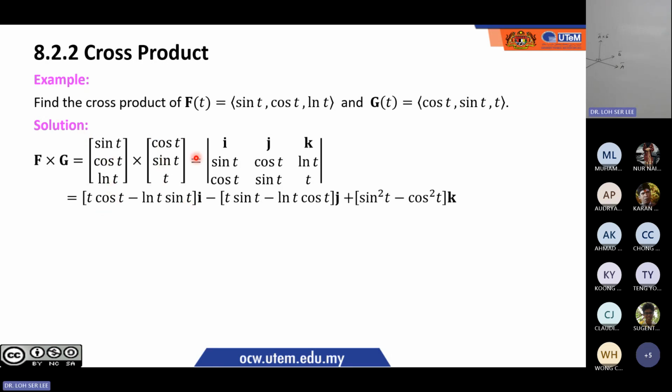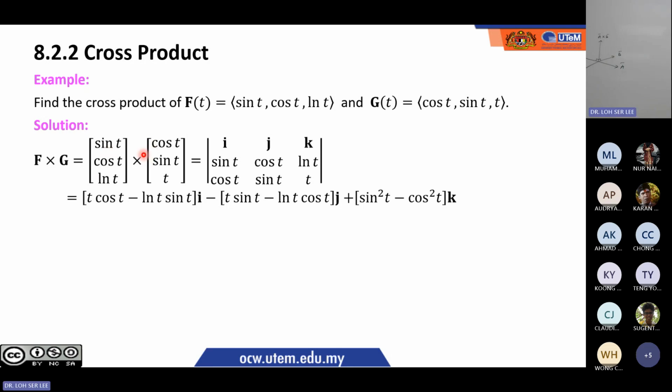Then cover the second line, AD minus BC, you get this. And cover the last line, AD minus BC, you get this. But remember, for the component function of j, you have to put a negative here if you use this.